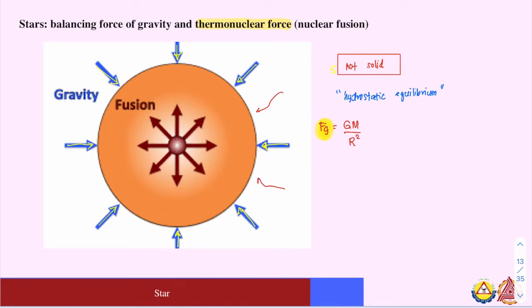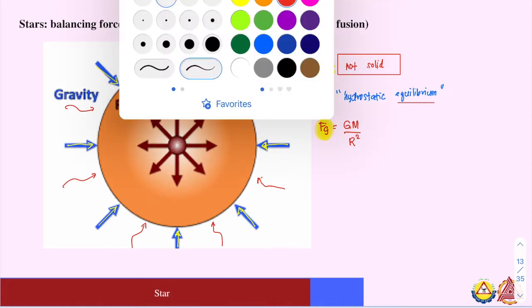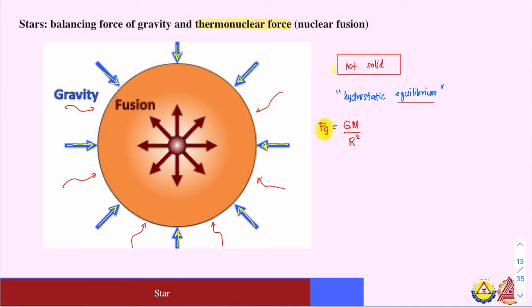However, as you can see, it is in equilibrium. There must be a force that is trying to balance the effect of the force of gravity. And guess what? From your chemistry class, this is your fusion. Nuclear fusion is releasing energy in the form of heat and light, and other forms of ionizing radiation coming out of your star.